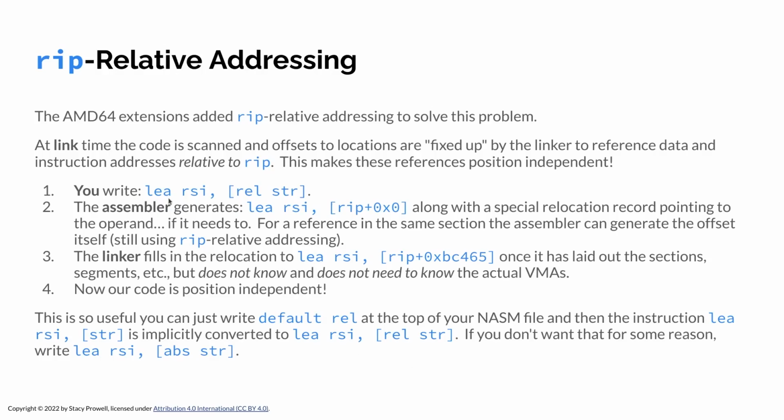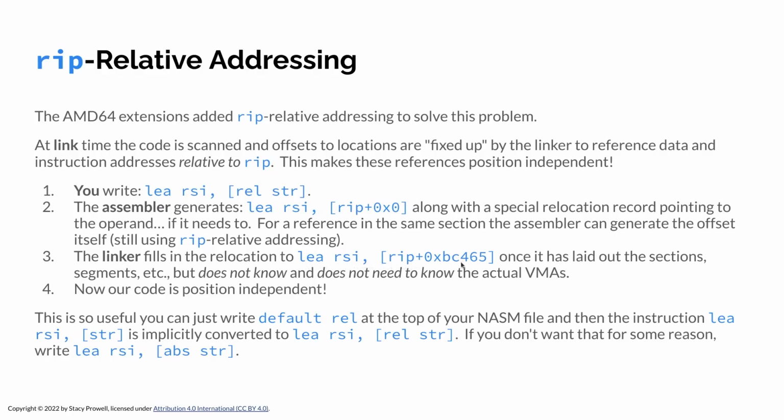You write load effective address into RSI of rel str. The assembler generates LEA RSI, RIP plus 0, because it doesn't know what that offset is yet. And so it puts zeros there, and it puts a special relocation pointing to these zeros so that the linker can patch it.